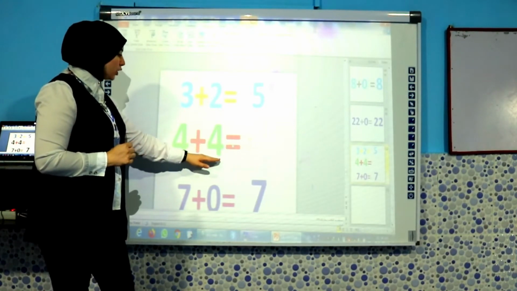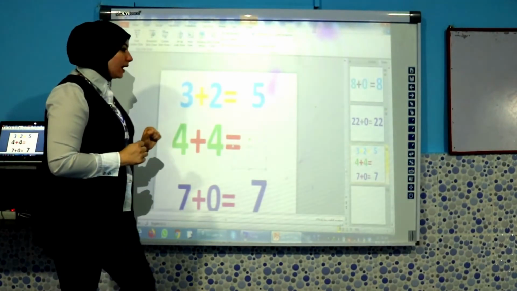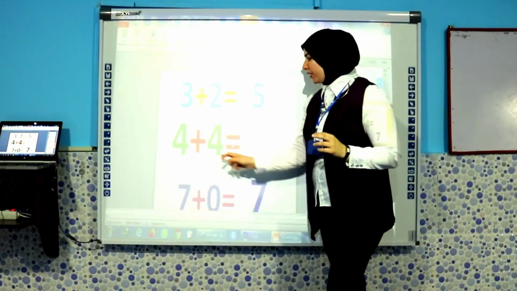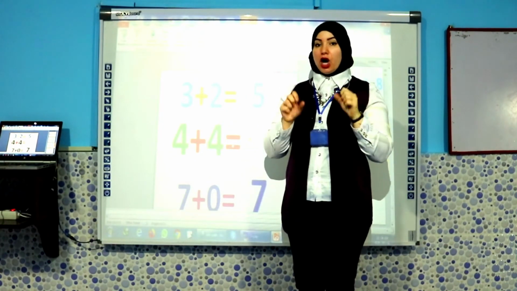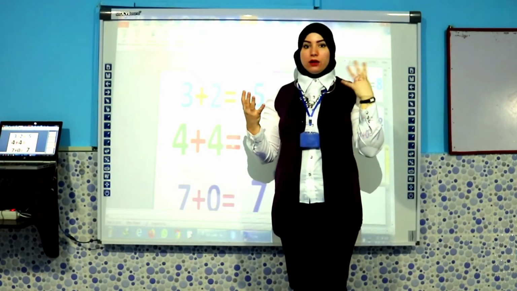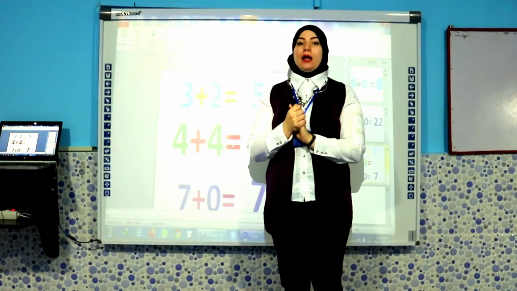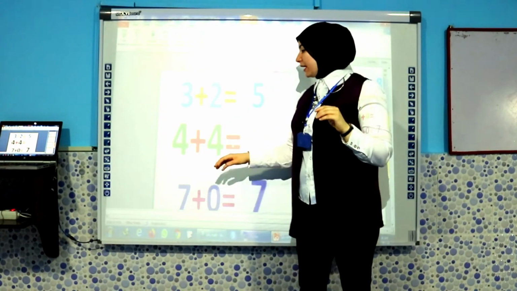4 plus 4 equals. When I see plus, I'm searching for the bigger number. Which one is the bigger number here? I have no bigger number. They are the same. They are equal. I have 4 and 4. There is no bigger number. What am I supposed to do? I put any number in my mind and the other number on my fingers and count.